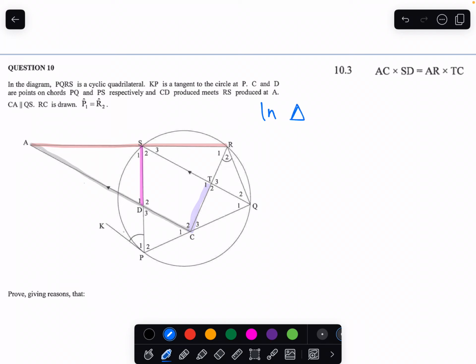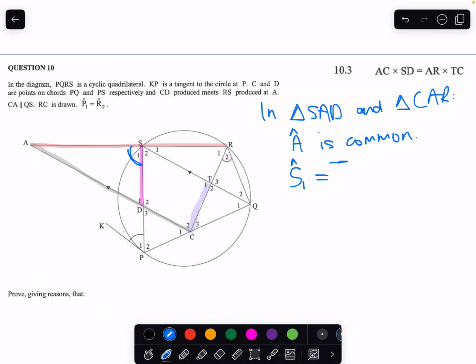In triangle SAD and triangle CAR, okay, A is common. Angle S1 is equal to angle C2. Well, we know that it's equal to angle T2, right? We proved that in the beginning.